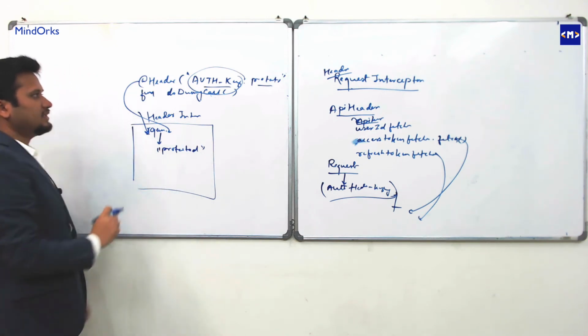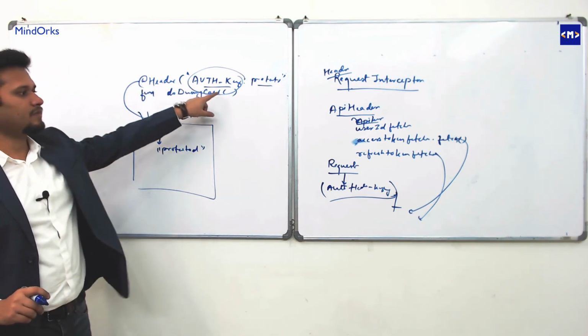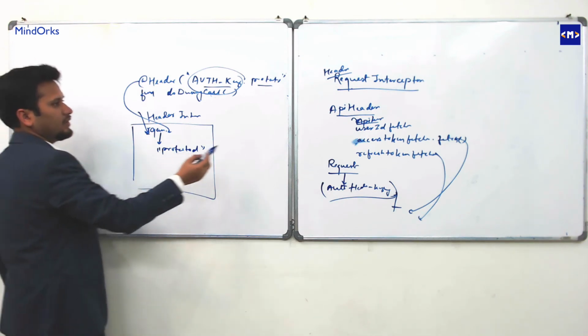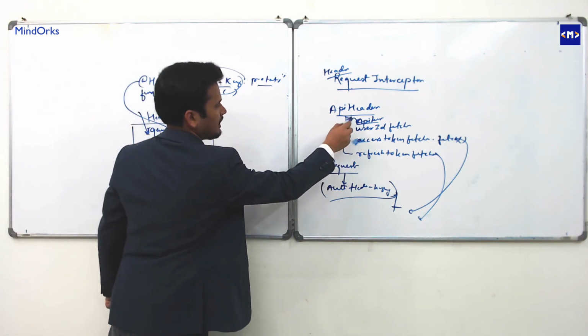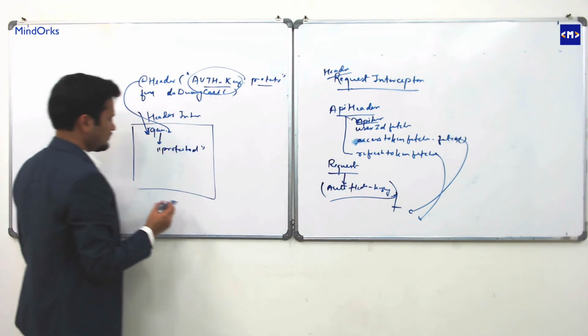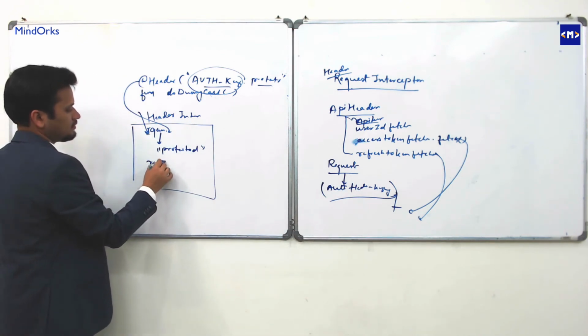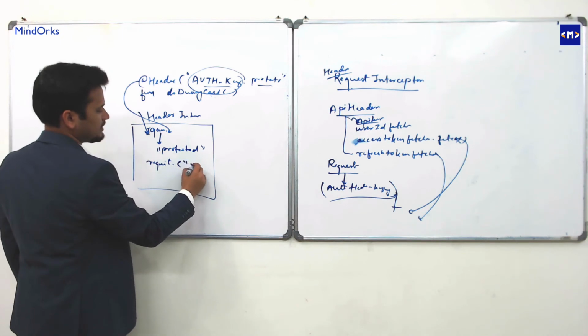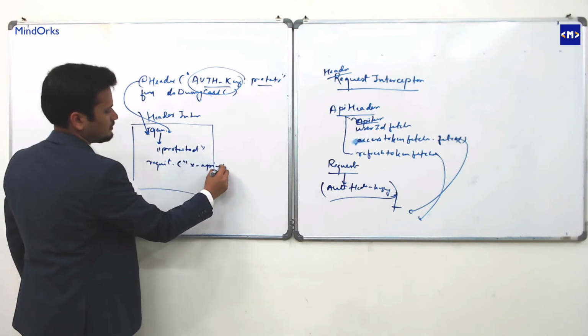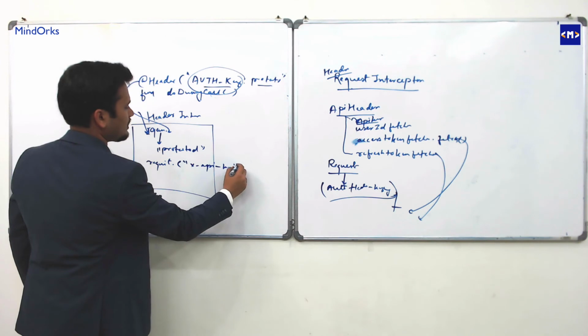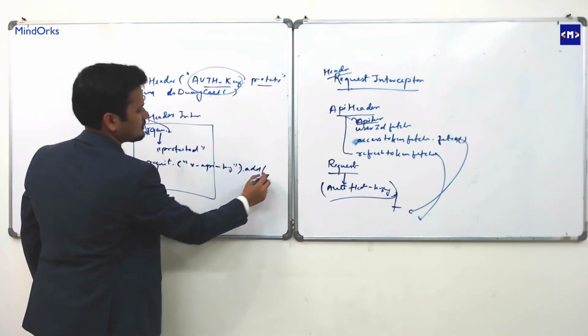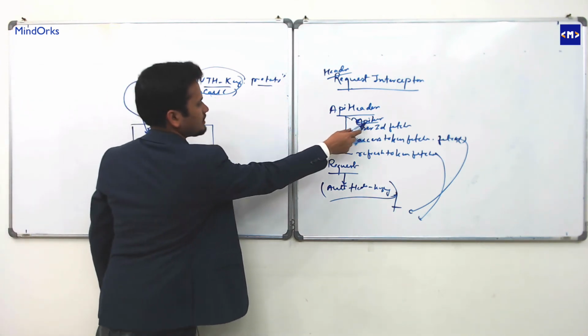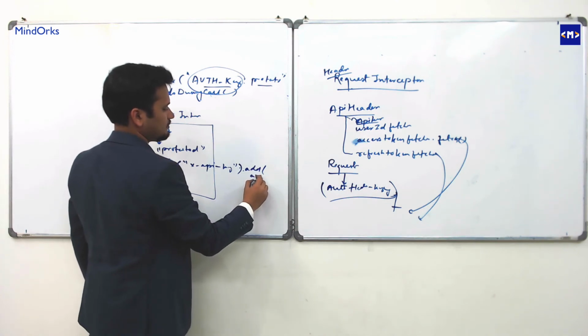If I see protected in this request, then in the request I will supply a new header, which is X API key, and as the value I will provide the API key which the header has.